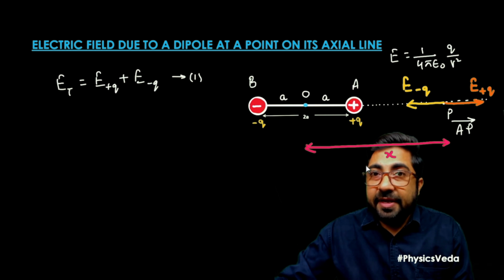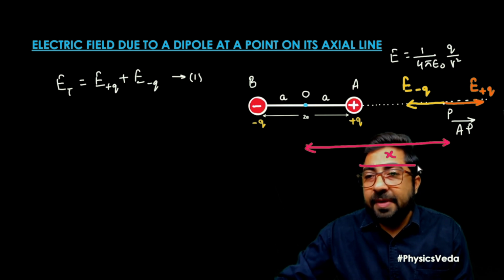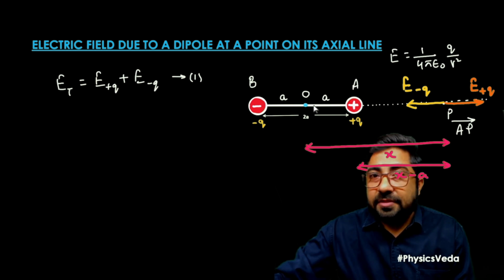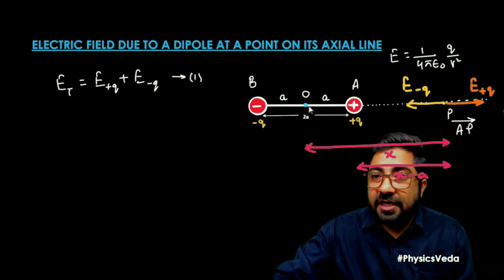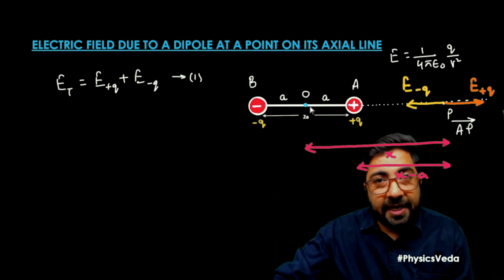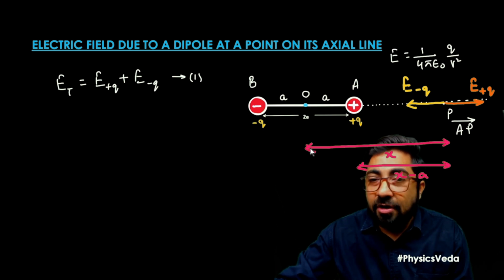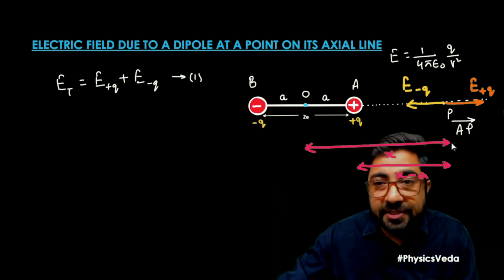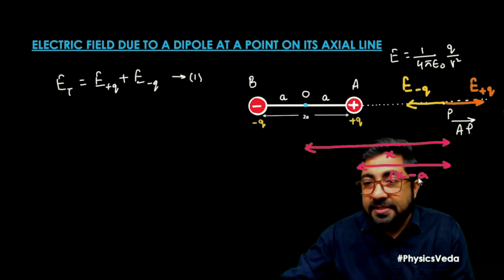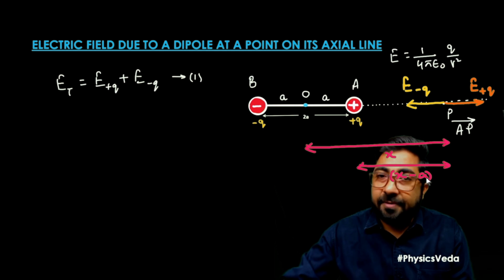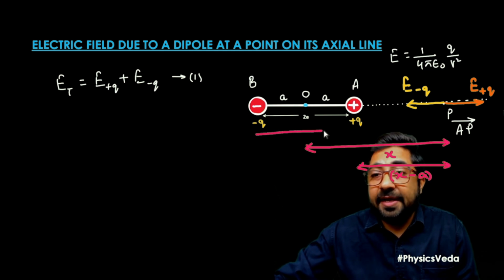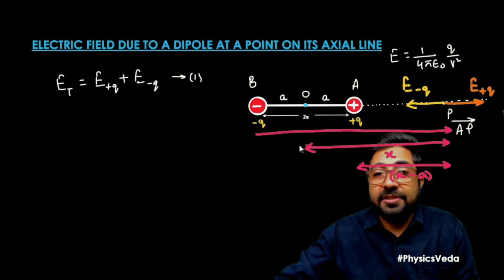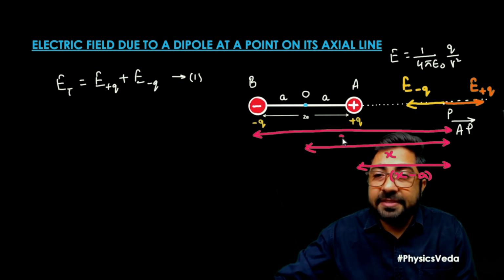Hence the distance between positive charge and point P is x minus a, because the distance between positive charge and the center of the dipole is a, and P is situated at x distance from the center. So the remaining distance is x minus a. Similarly, the distance between negative charge and point P is x plus a.